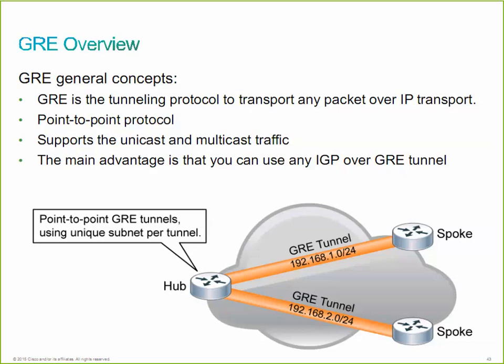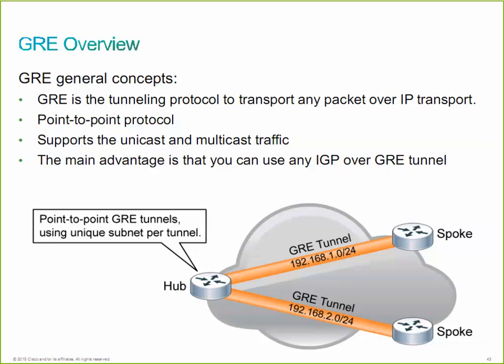A GRE header adds 24 bytes of overhead: 4 bytes for the GRE header itself, plus 20 bytes for the new IP header that was created to do the routing decisions over the internet. So we have to have an MTU value to support those extra headers being added. And then on top of that, if you add IPSec, you're going to have even more overhead for the IPSec information. We'll see that later on.